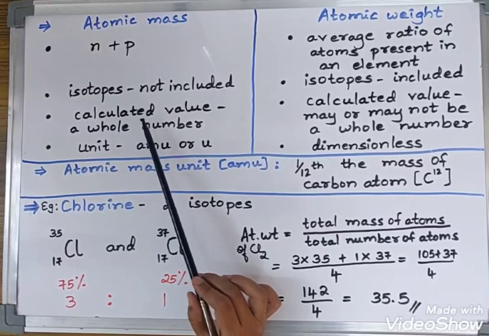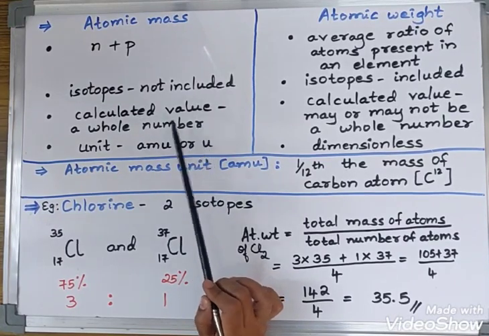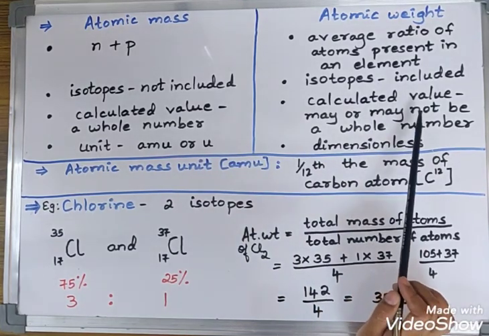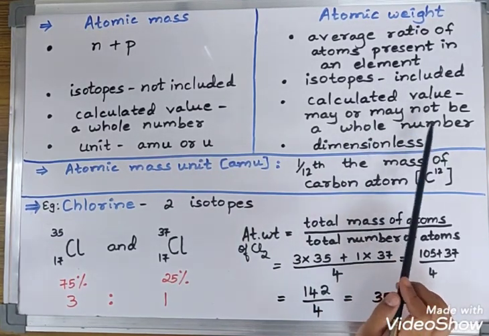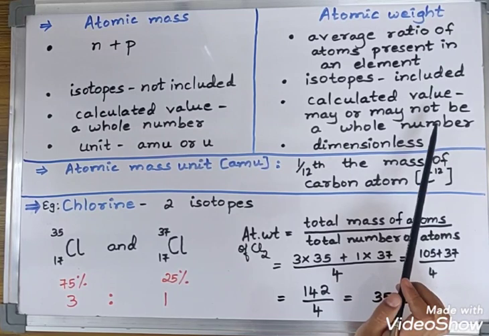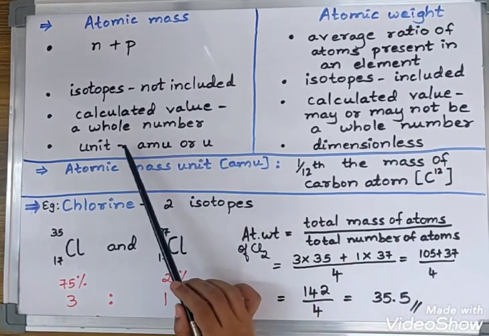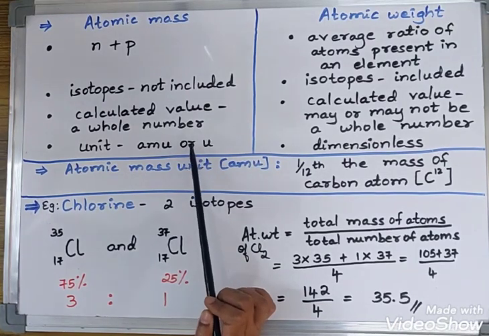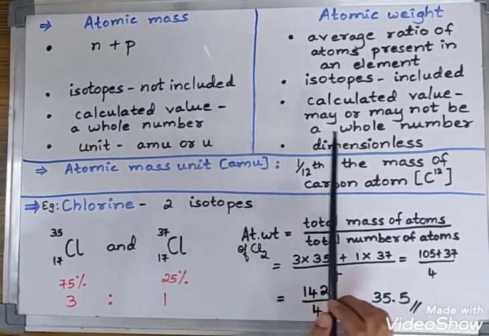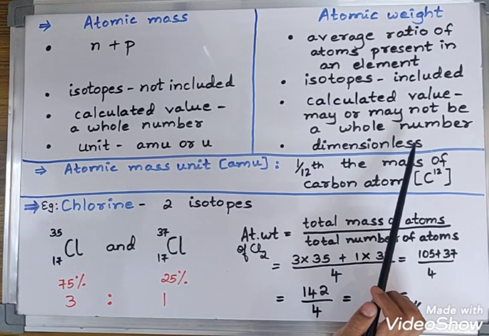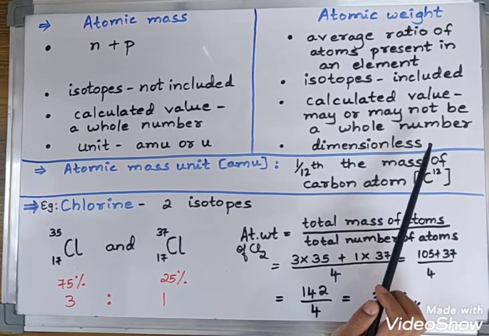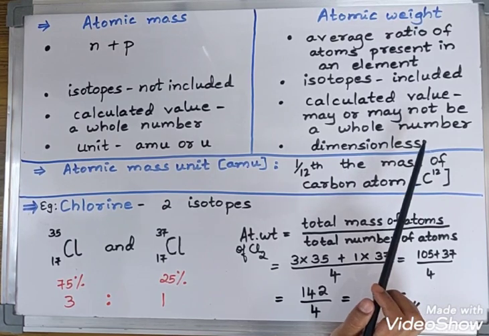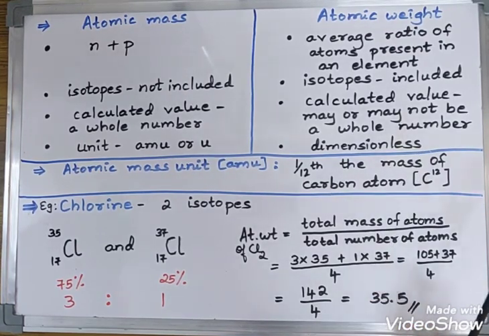The atomic mass has a calculated value as a whole number, but atomic weight has a value which may or may not be a whole number. Now the unit used to measure atomic mass is AMU or just U, which I have already told you, but atomic weight is dimensionless, meaning no unit is used to measure atomic weight.